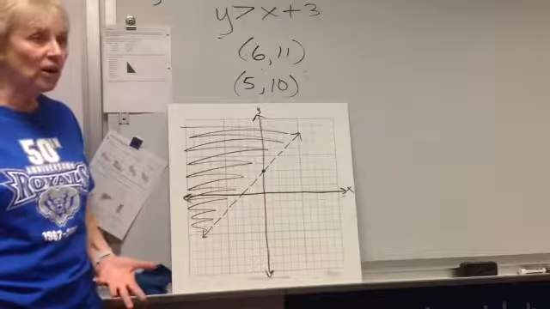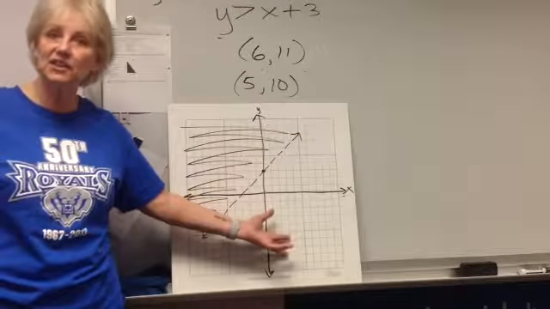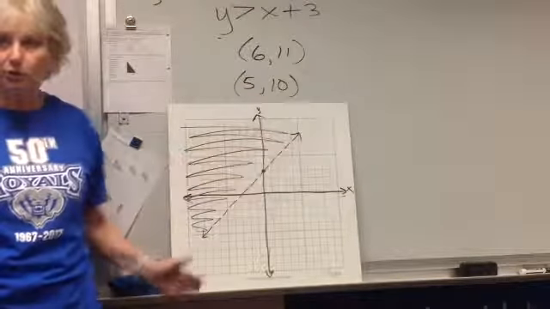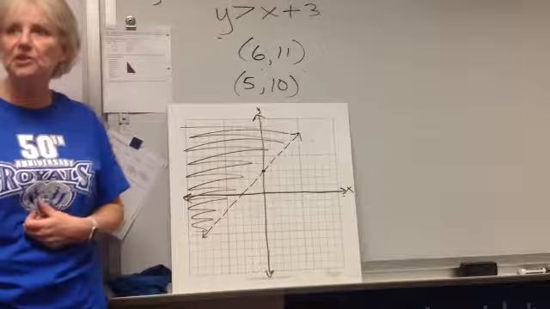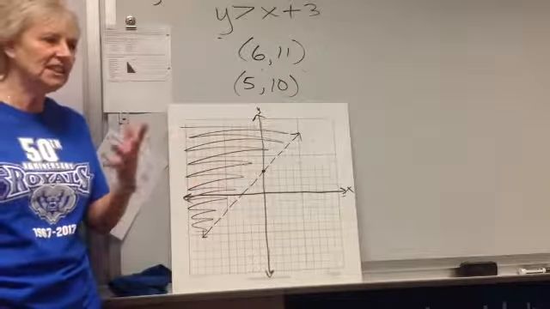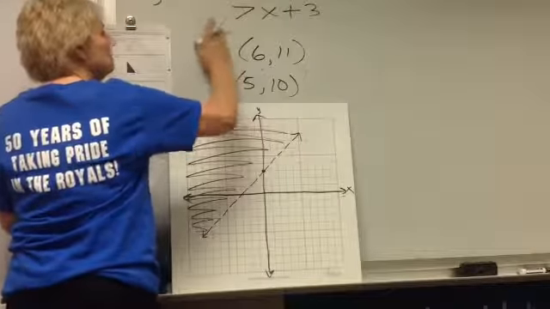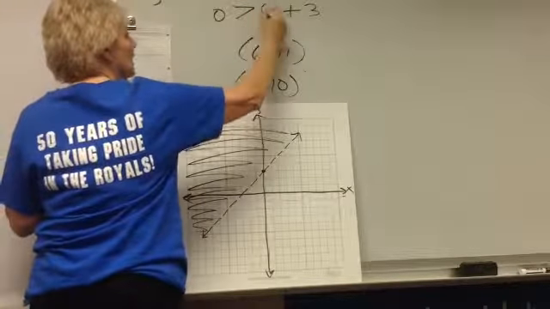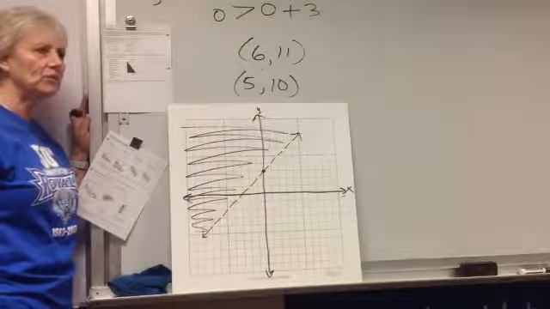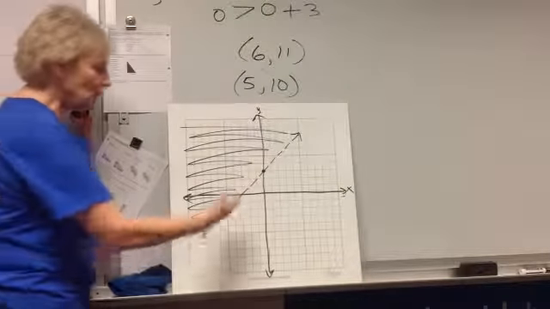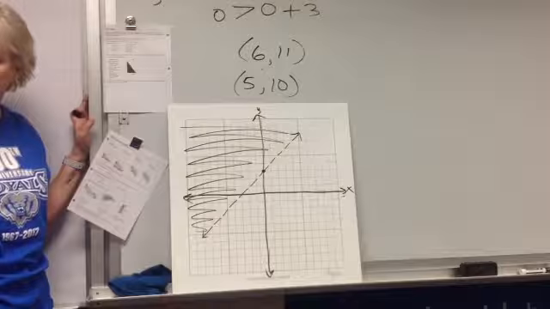If it doesn't work, that's where you leave it unshaded. Unless it goes through 0, 0, I choose 0, 0, because to me, that's the easiest one to check. If I put in a 0 and a 0, is 0 greater than 3? No. Notice I don't have that side shaded.